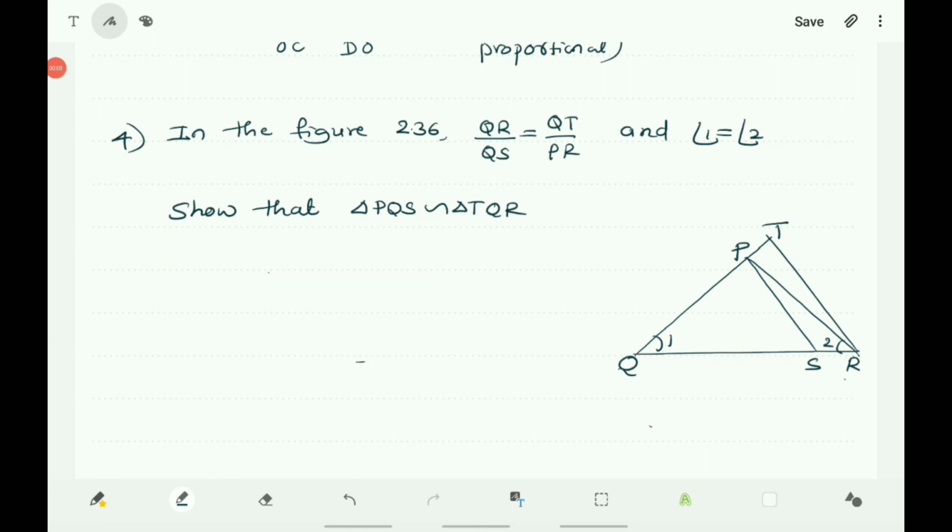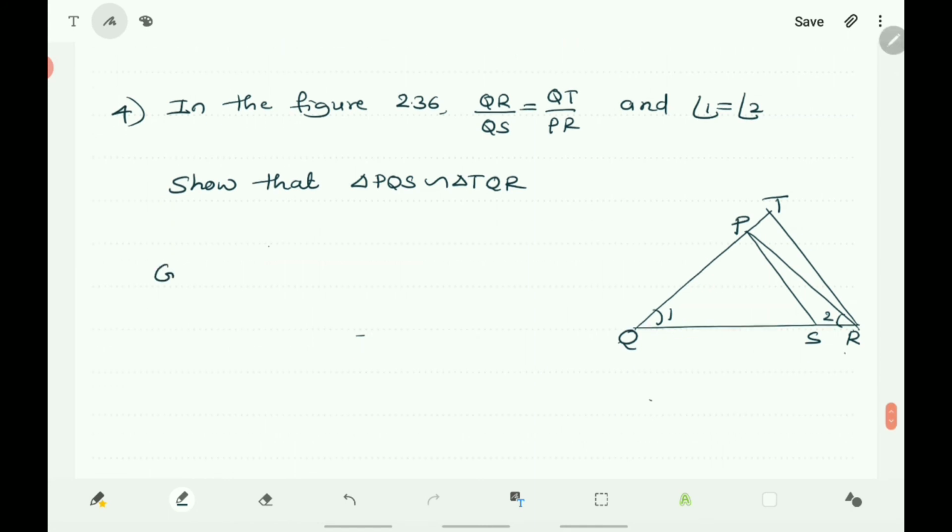See the fourth question. In figure 2.36, QR by QS is equal to QT by PR and angle 1 is equal to angle 2. Show that triangle PQS is similar to triangle TQR. So here, what is given?